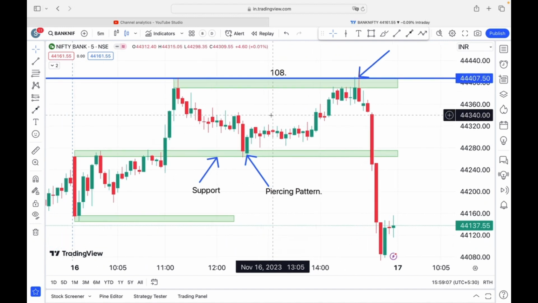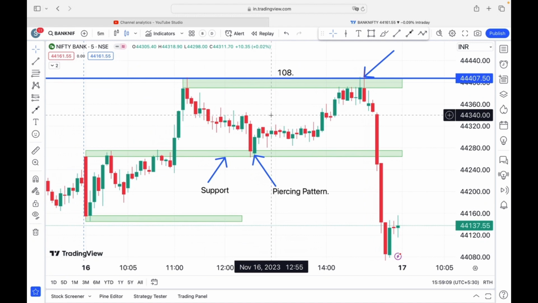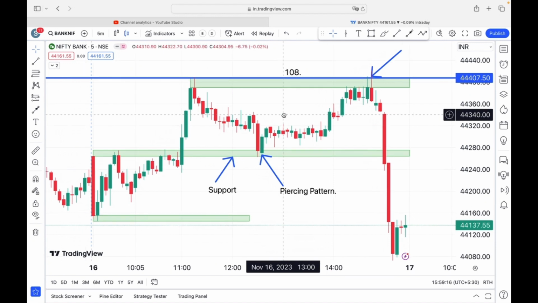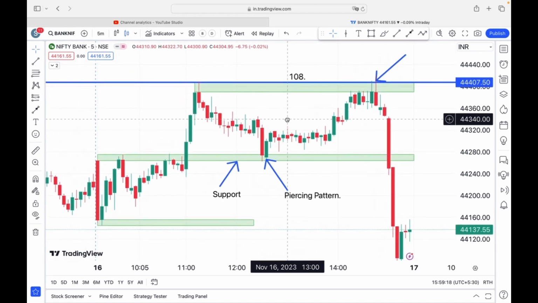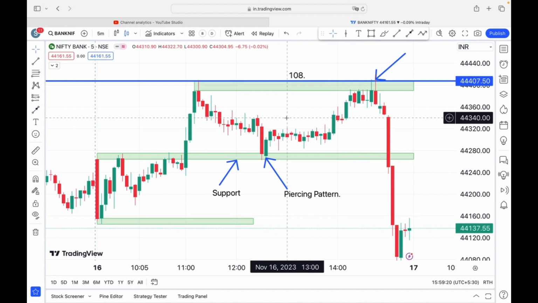So it is very crucial and important to learn the candlestick pattern series, if not all, at least a few of them which are very important. Otherwise, dealing with stock markets using technical analysis is definitely not a good idea.